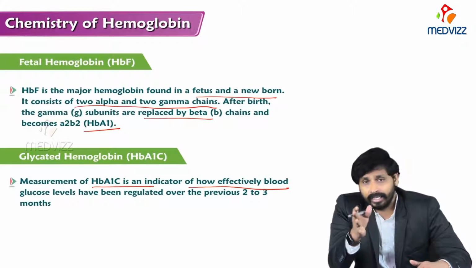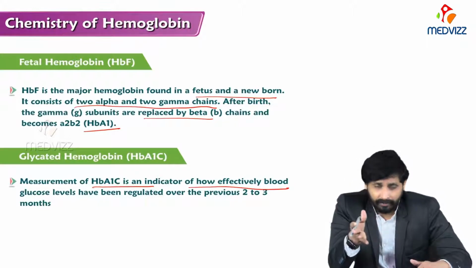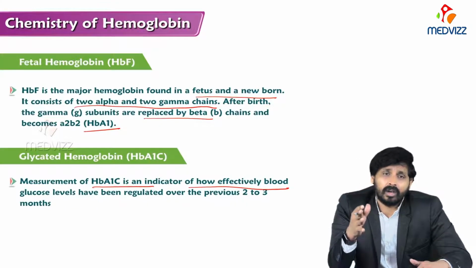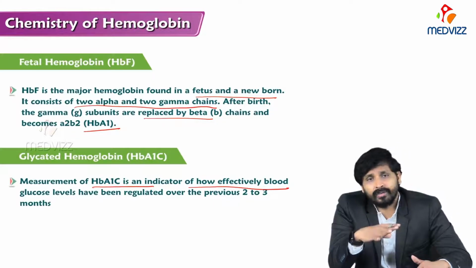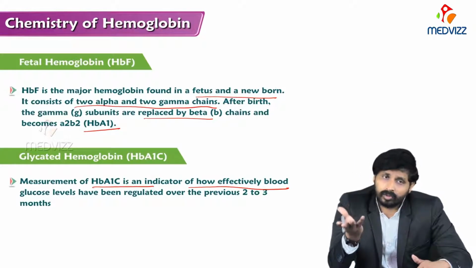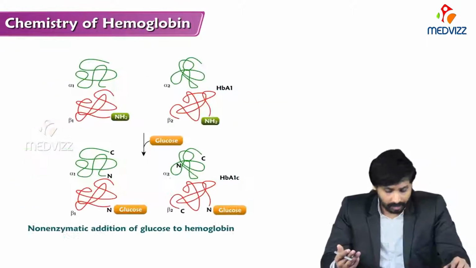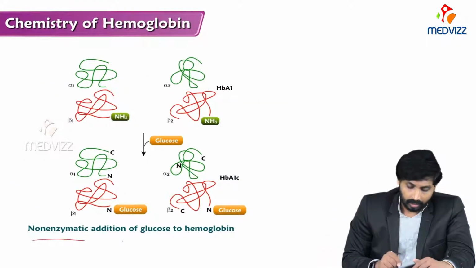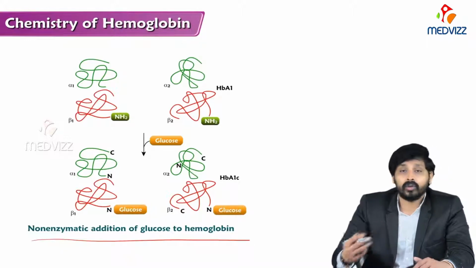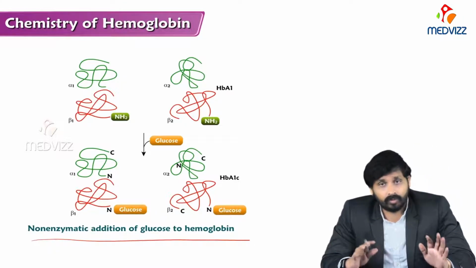Glycated hemoglobin HbA1c is one type of hemoglobin. It's not genetic, but a modified form. If a person is severely diabetic and their blood glucose levels are not regulated, then in that condition hemoglobin will be glycated. This is known as glycated hemoglobin. You see here in the picture the non-enzymatic addition of glucose to hemoglobin, how glucose is attached to hemoglobin.